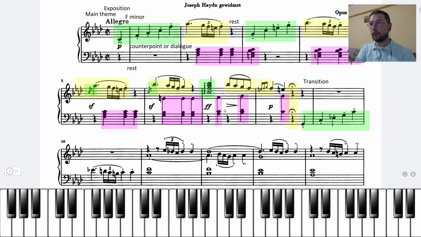So what we are seeing at the same time is this little contraction of the materials, because the first statement, which is presented here, introduces us to the theme, and after that we have a much shorter form of it.